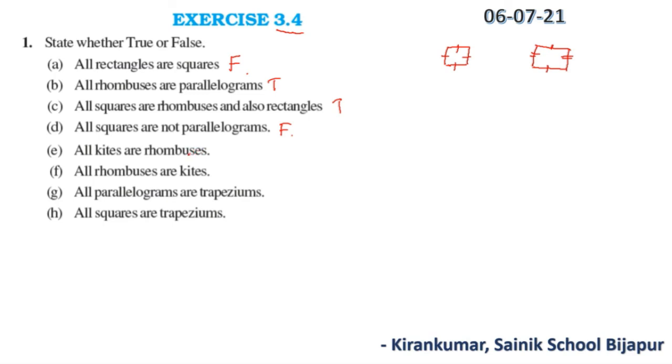Next statement, all kites are rhombuses. This statement is a false statement because we have seen in a kite there will be two pairs of adjacent sides equal, whereas in a rhombus all the adjacent sides are equal.